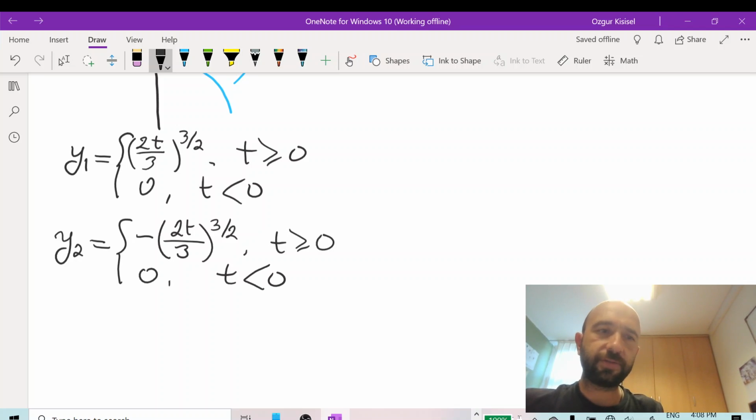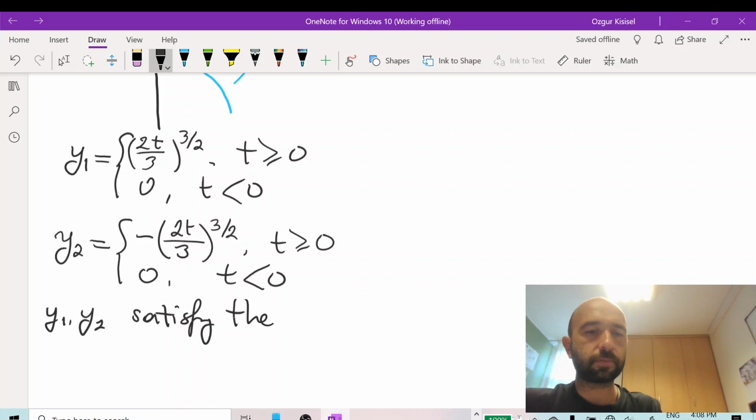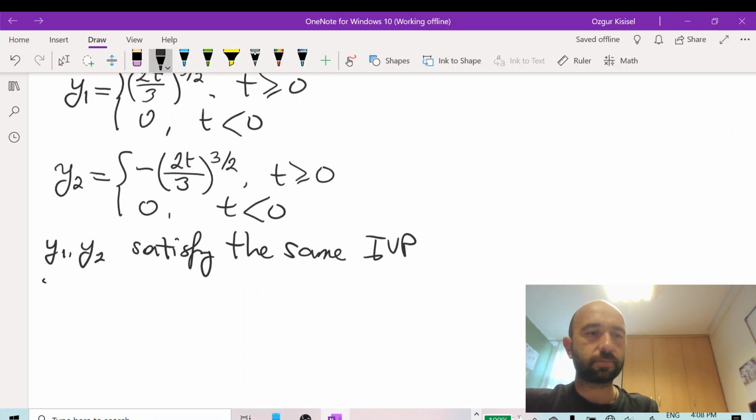These are two totally different functions. They both satisfy the IVP. So uniqueness fails.